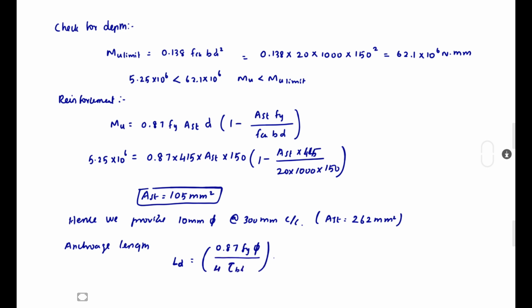Using IS456 we got the formula. So 0.87 into Fy value 415 into diameter, we are using 10 mm diameter bars, divided by 4 into tau BD, we taken 1.2 into 1.6. Now we got the value of 470 mm. So 470 mm is the anchorage length.